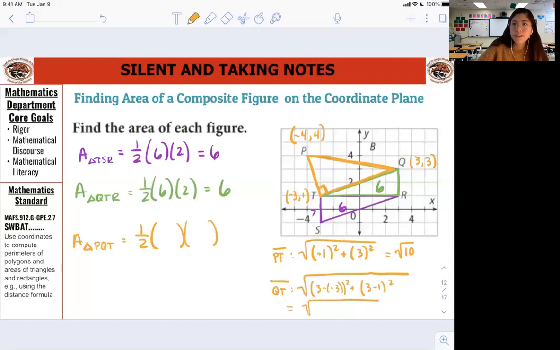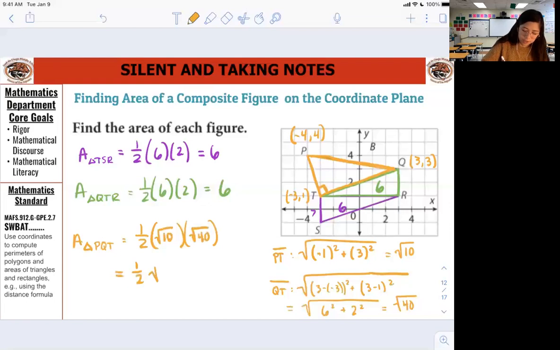So yes, this would be 6 squared plus 2 squared. 36 plus 4 is 40. Square root of 40. So I have the square root of 10 times the square root of 40. Now remember, when you have two separate radicals that you're multiplying, you can bring them all under the same radical.